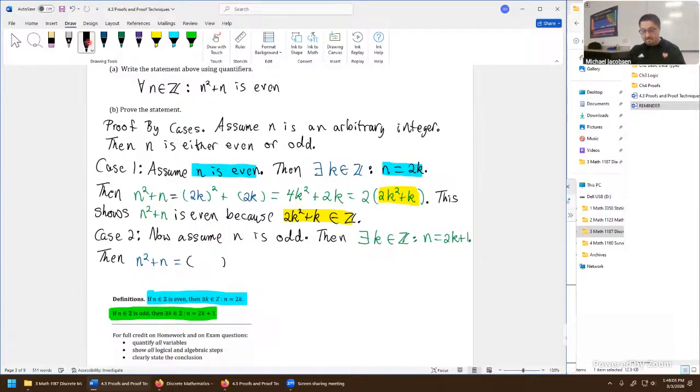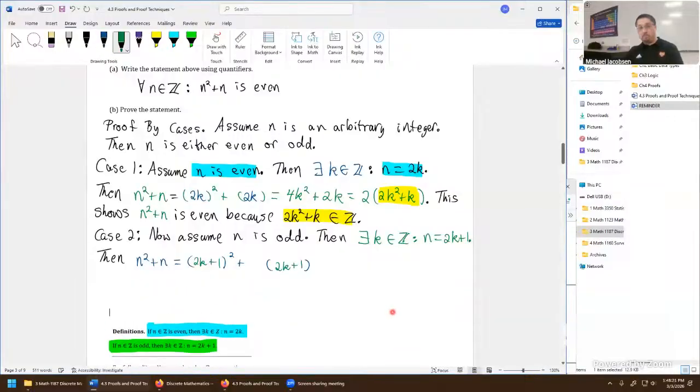We're going to take something squared, add that something back to it, make a substitution 2k plus 1 in both of those slots. The odd integer case is definitely a little bit more messy, but let's get through this algebra. We're going to arrive at 4k squared plus 4k plus 1, then copy 2k plus 1.